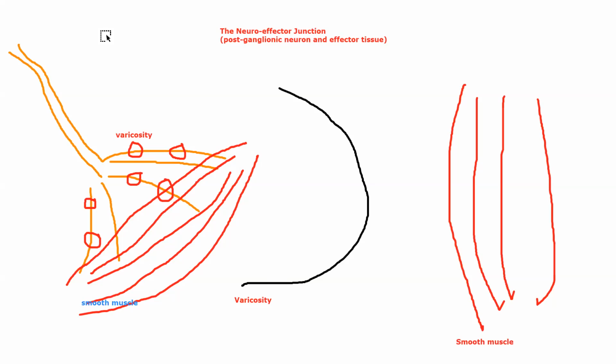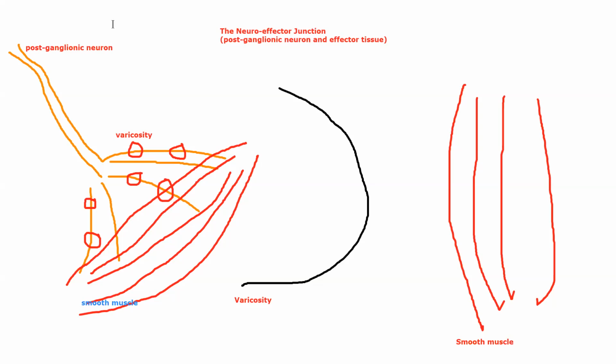Okay, so we know the first part of this is that an action potential is traveling down this postganglionic neuron. So let's label this out as a postganglionic neuron here.